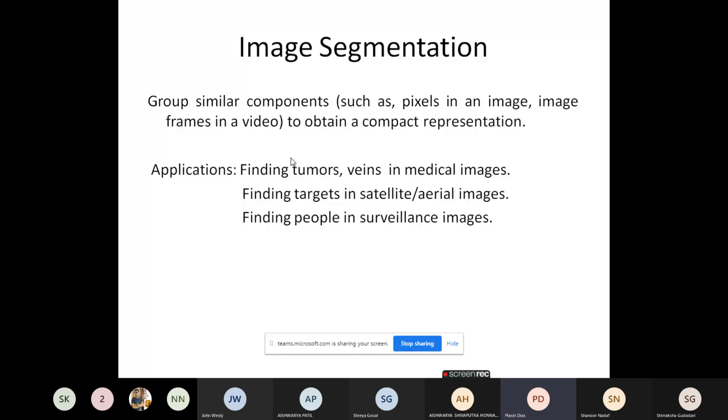But there is still a kind of difference between the discussions. When we attempt to find boundaries between regions based on the discontinuity in intensity level, that was the discussion we carried out very first. When we started with image segmentation, we could find the boundaries between different regions based on the discontinuity of the intensity levels.